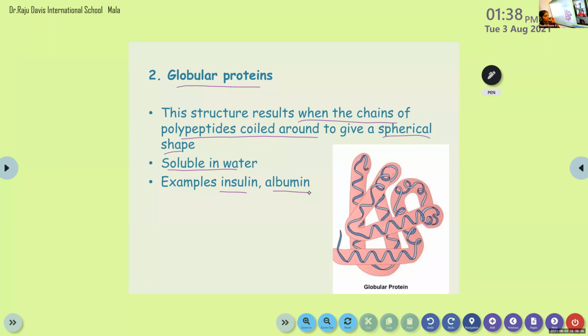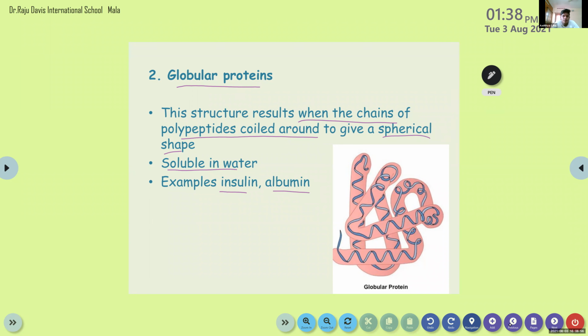Which are the two types of proteins depending upon their structure? Fibrous and globular proteins. Gayatri, can you tell me examples for fibrous proteins? Ma'am, I couldn't write that actually. Okay. Aditya, can you tell me? Ma'am, keratin.